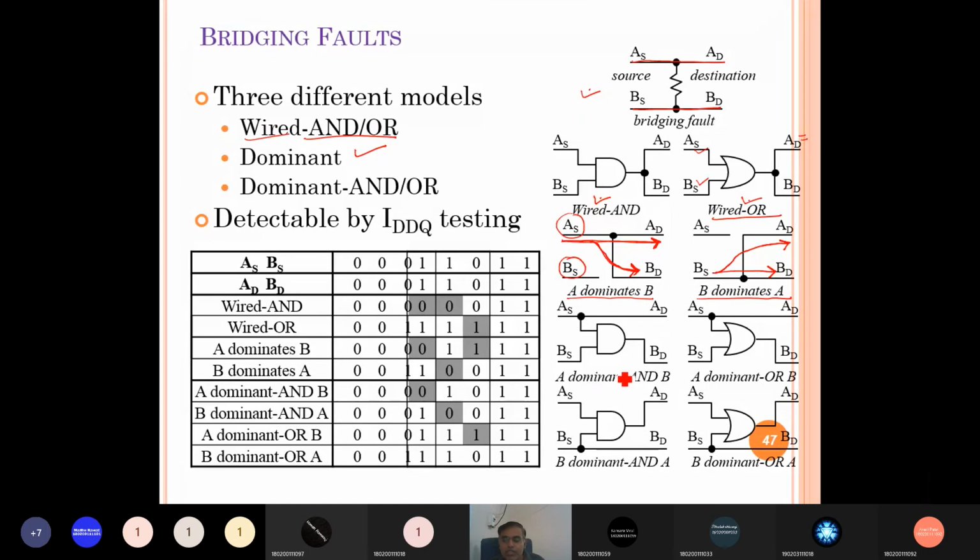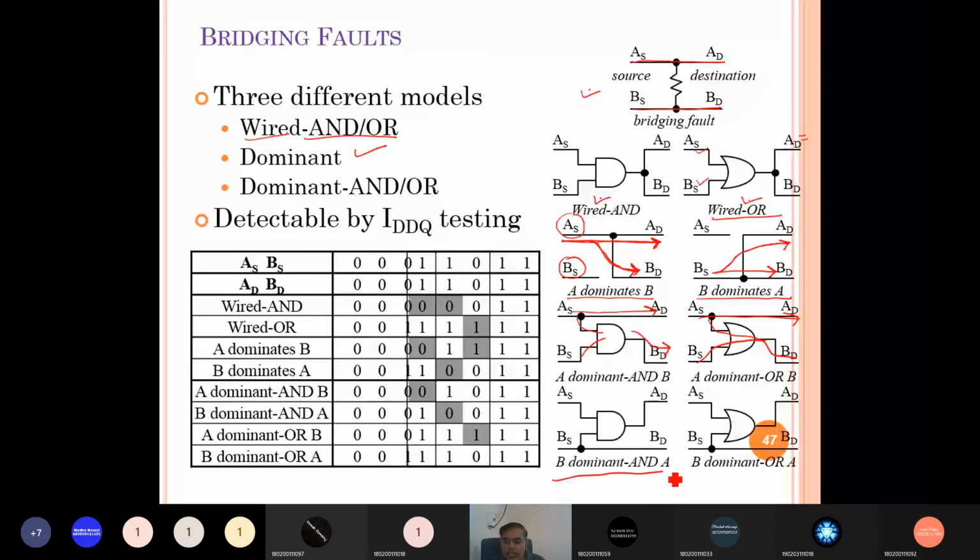Also it forms a dominant fault with logic, like A dominant AND B. So A is dominant, but the output of that is the AND of A and B for the line BD. And A dominant OR B, so A is as it is, but the destination BD is the OR of AS and BS.